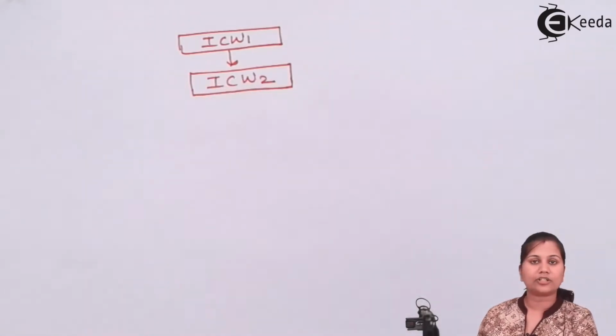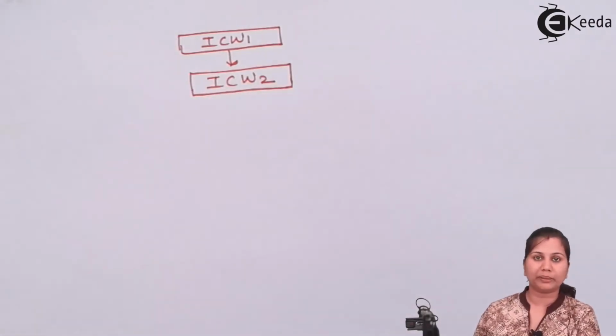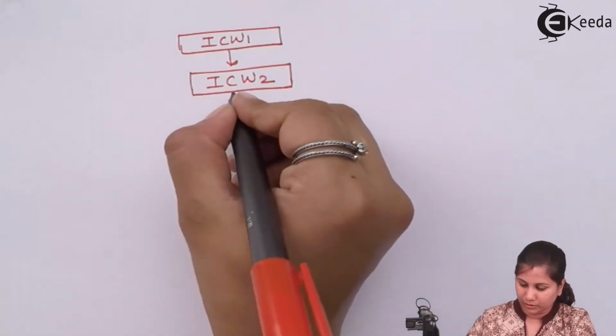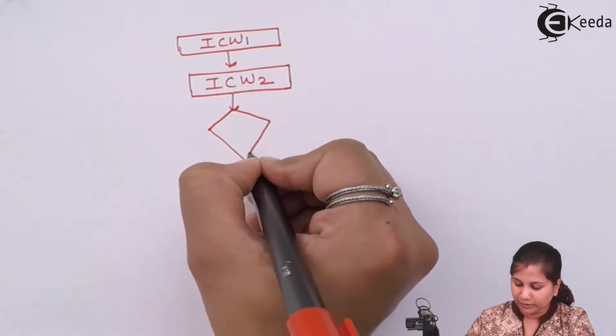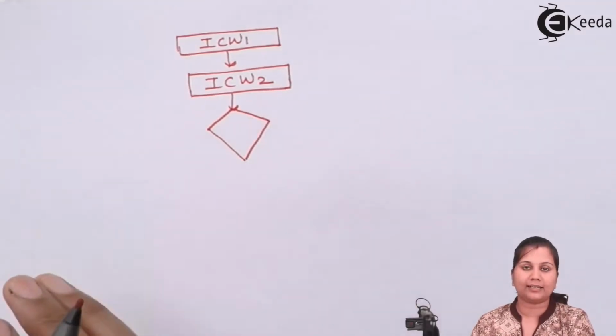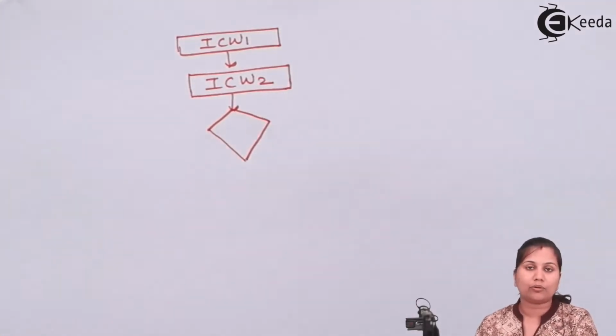Then the initialization command word second will be executed. Then it is checked whether the 8259 IC is in the cascade mode or in the single mode.